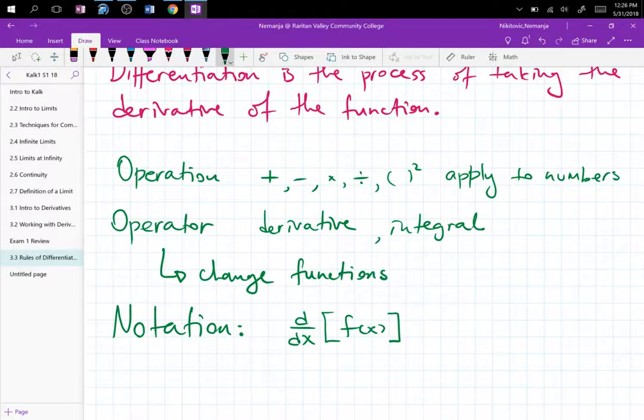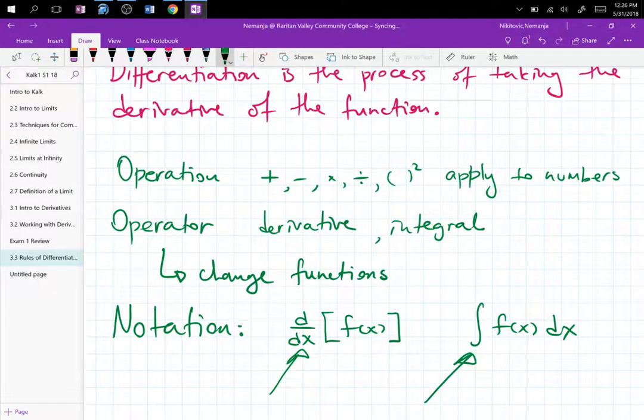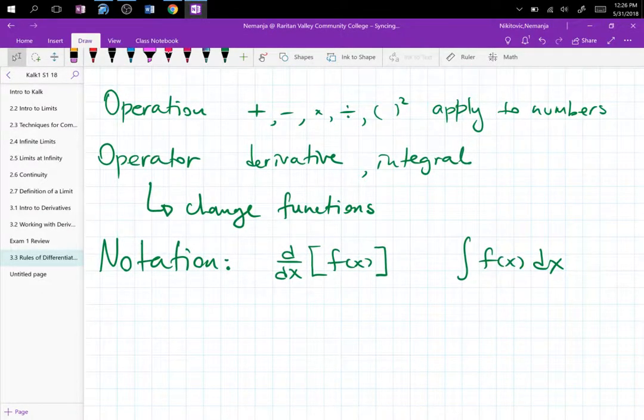And then at the end of chapter 4, guys, this is in 3 weeks from now, we will take a look at the integral of f of x dx, which would be that. So these guys are called operators, this one and this one. Those are operators, and they change a function from one function to another function, whereas operations are plugged in between two numbers and they change numbers into a different number.